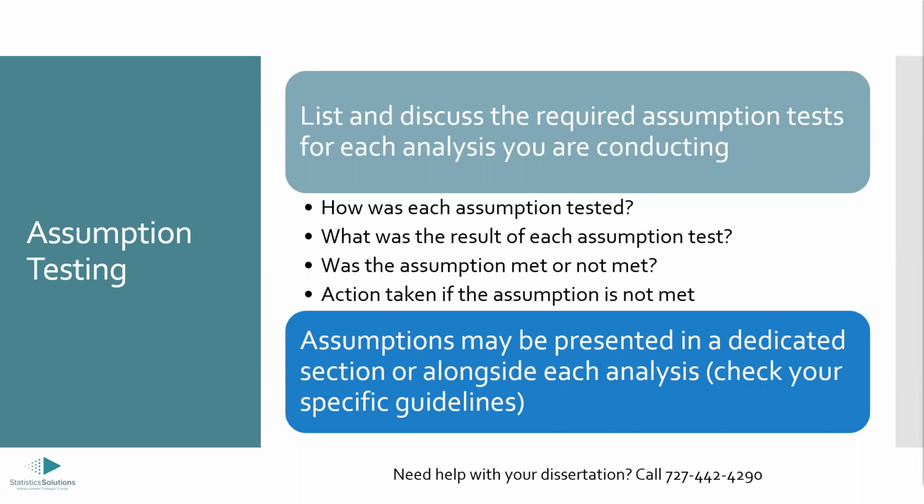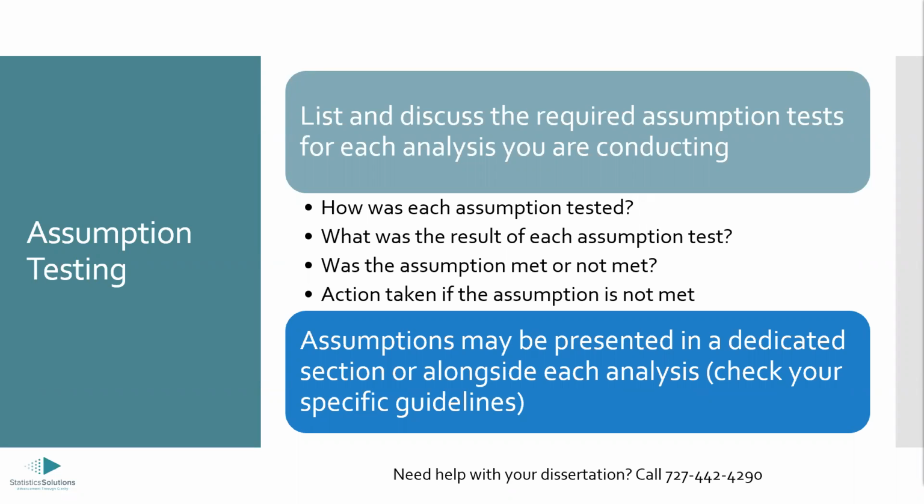And then if the assumption is not met, you want to describe any action that you took to account for the fact that the assumption wasn't met. So if you run your assumptions tests and you find that the assumption of normality is violated, then what are you going to do about that? So are you going to do some kind of transformation on your data so that the data follows a normal distribution?